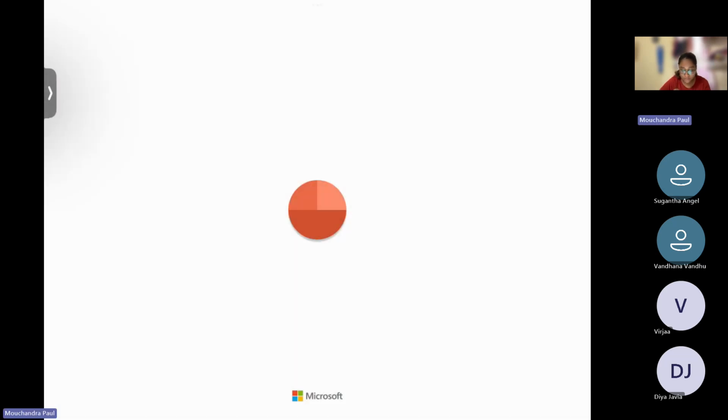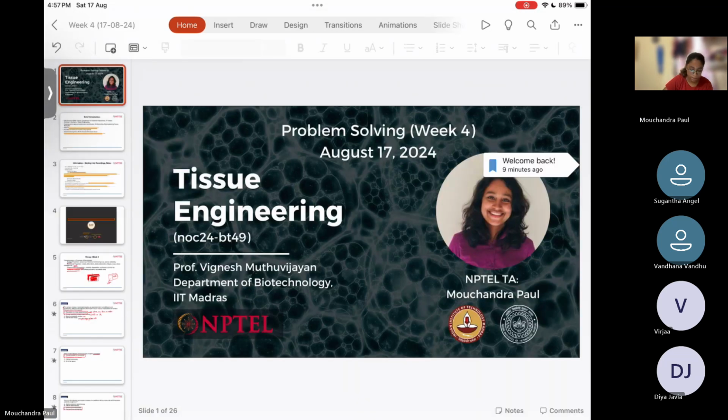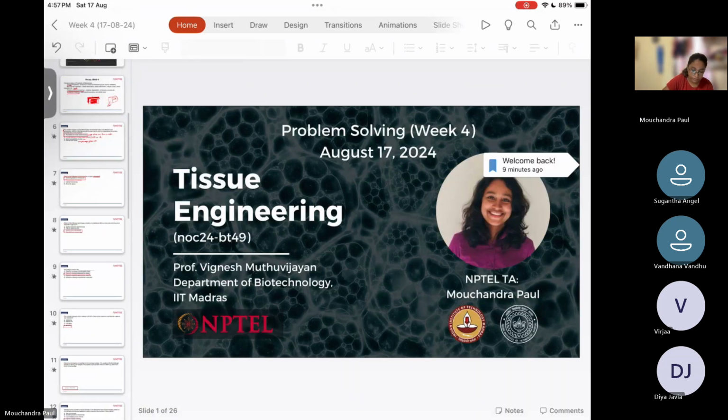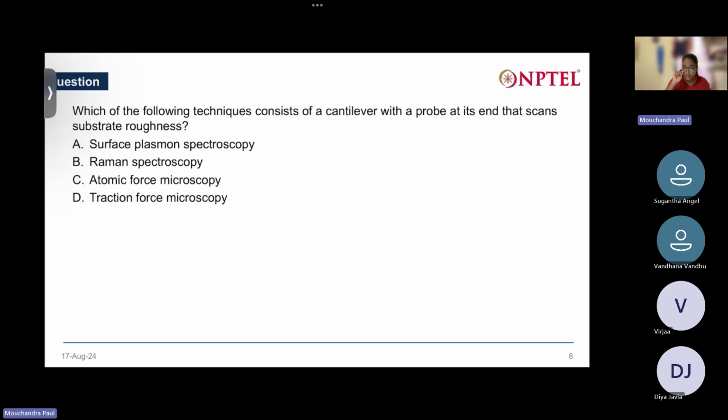Now going back to the question that we originally had. This was the original question. Which of the following techniques consist of a cantilever with a probe at its end and scans the surface roughness? A, B, C, or D?